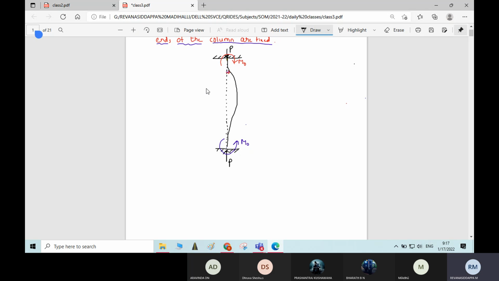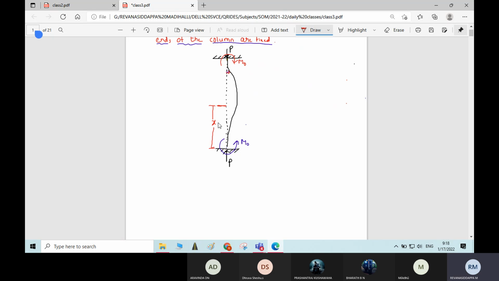Now here also you need to consider a section at a distance x from the bottom support.